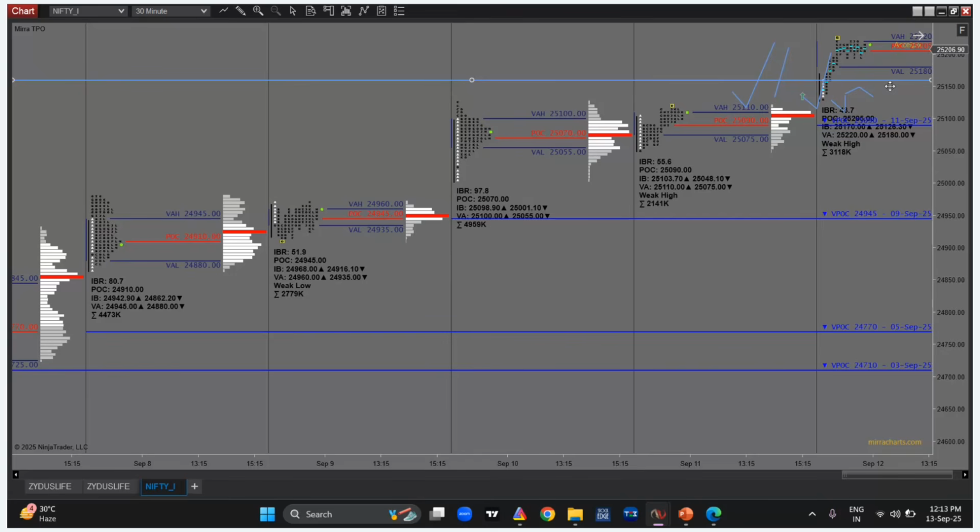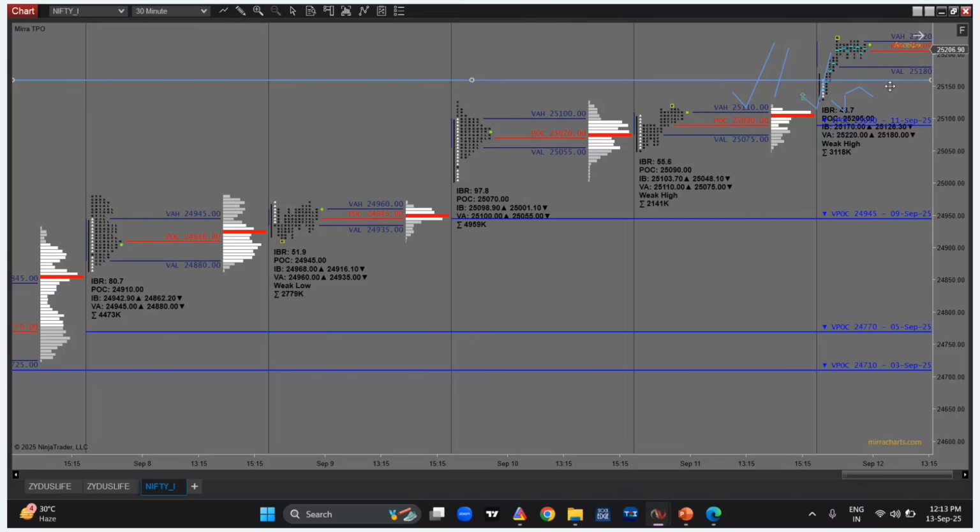Volume profile doesn't use time, it uses only volume. So it has a little edge for intraday trades, whereas market profile has an edge for intraday as well as positional trades. Whatever you are seeing here is based on market profile. I personally use market profile values only, market profile POCs only.